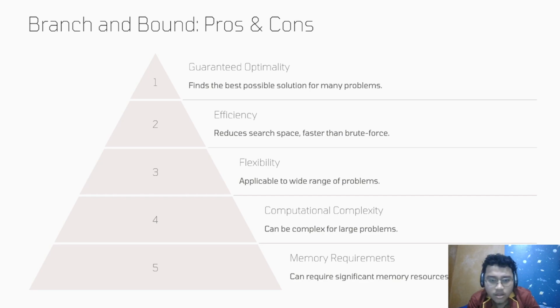And then the cons: computational complexity. For extremely large problems, the method can be slow. And then it is memory intensive, requiring significant memory to store and manage search trees. Despite these challenges, branch and bound remains one of the best choices for many optimization problems due to its accuracy and efficiency.